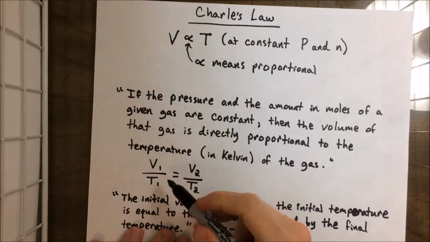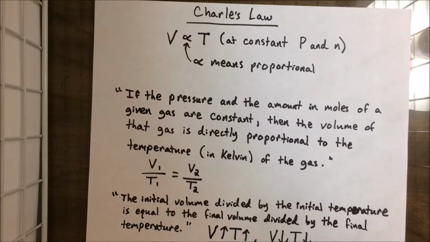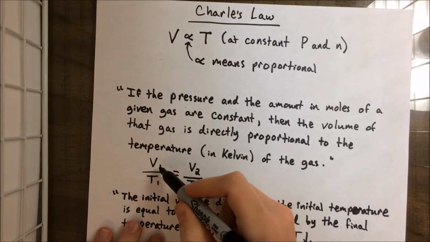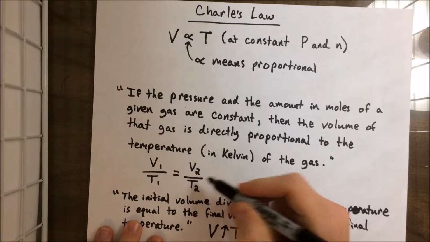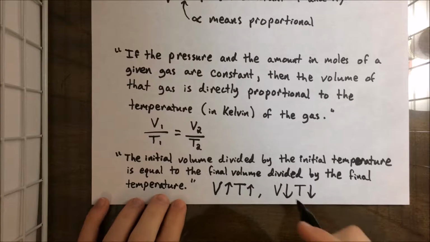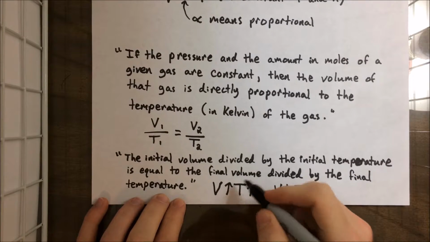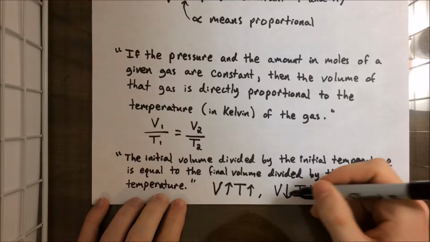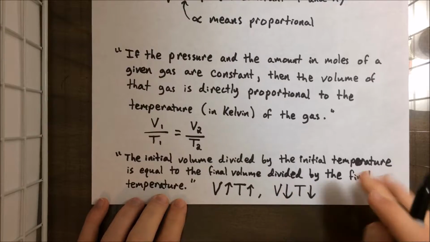We can represent this with the equation V1 over T1 equals V2 over T2: the initial volume divided by the initial temperature is equal to the final volume divided by the final temperature. Subscript 1 means initial and subscript 2 means final. We can represent this relationship with V up arrow, T up arrow. So as the volume increases, the temperature increases, and as the volume decreases, the temperature decreases, and vice versa.